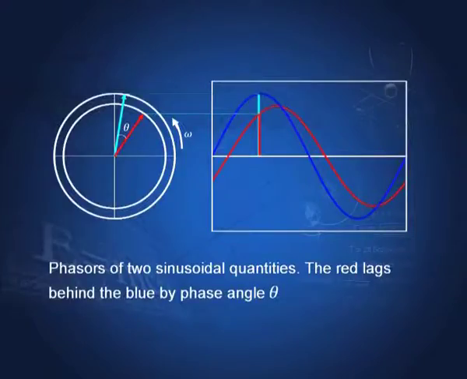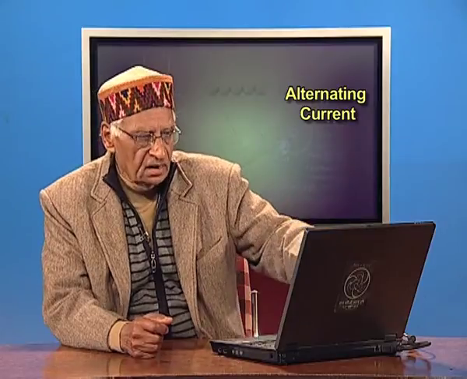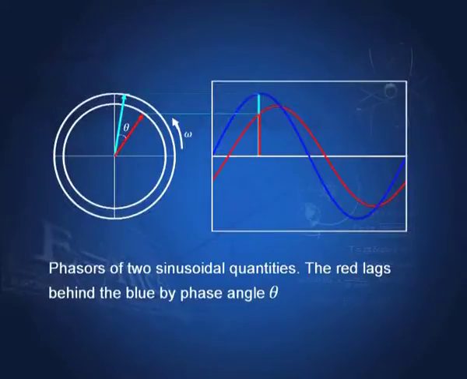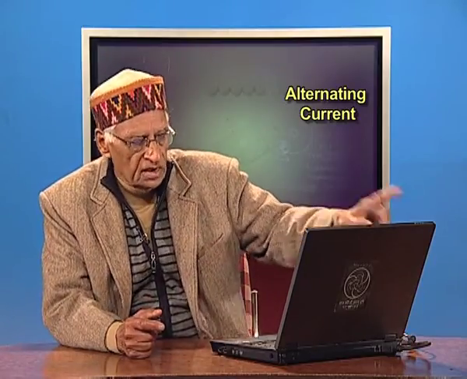Their radii are equal to the amplitudes of these quantities, and the radii move in the anticlockwise direction, and theta is the phase difference. You can see the blue one leads the red by a certain phase, say theta. So, they will both move along the circle with the phase difference theta between them.